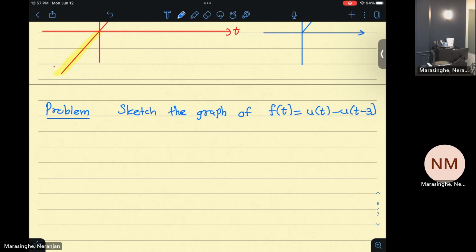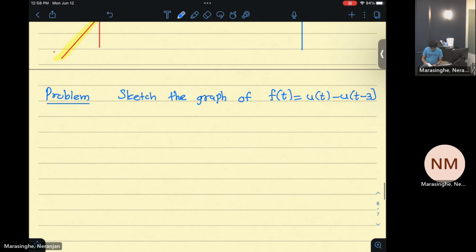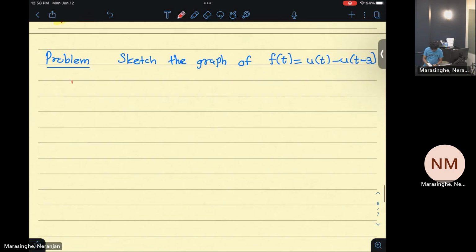So how do you sketch u(t minus 3)? First sketch u(t).